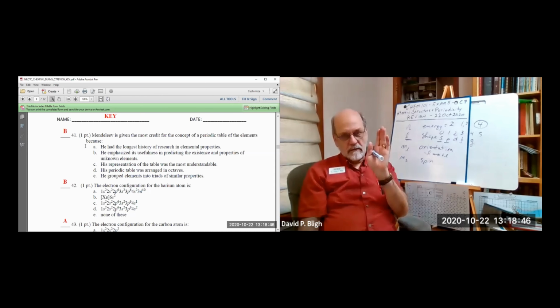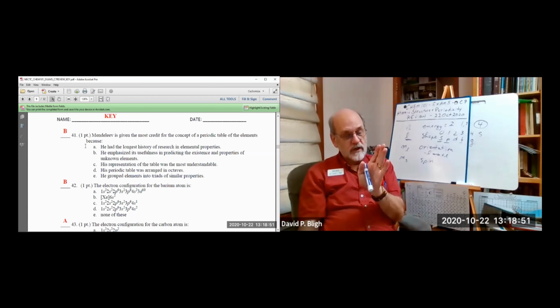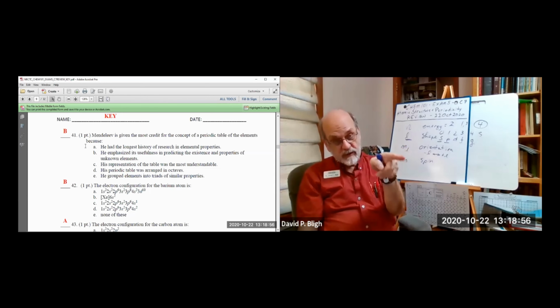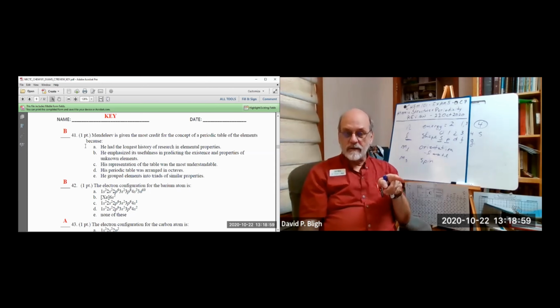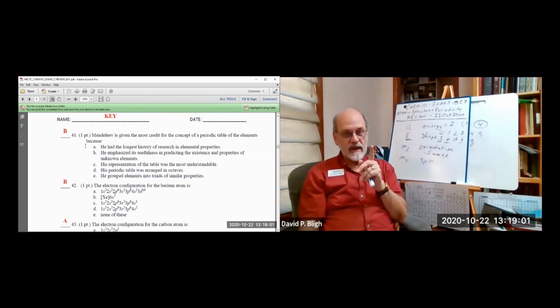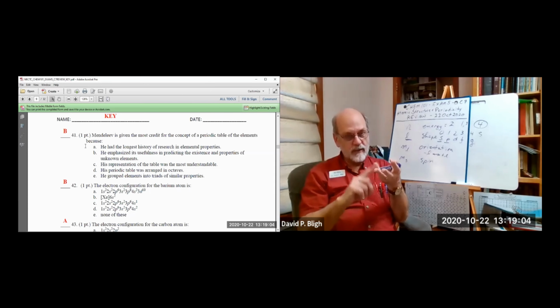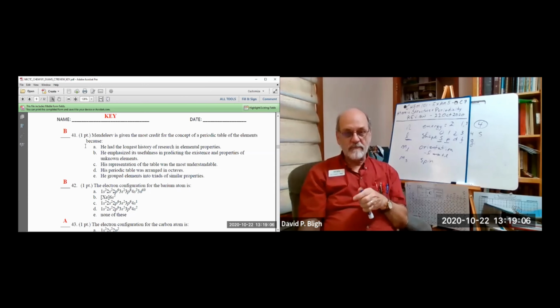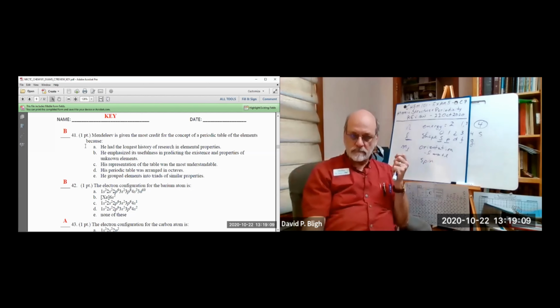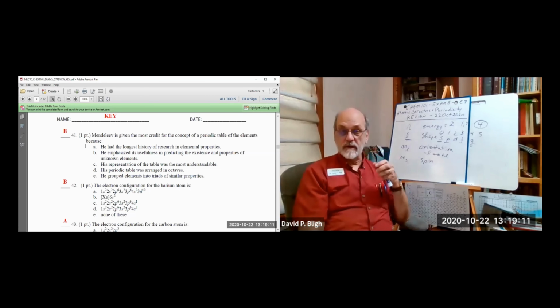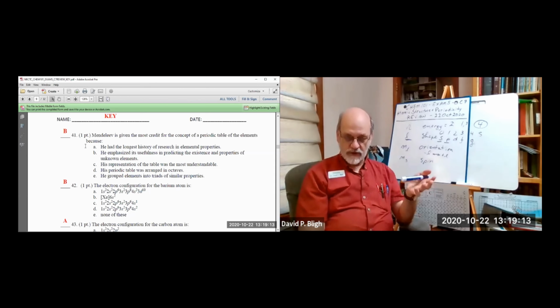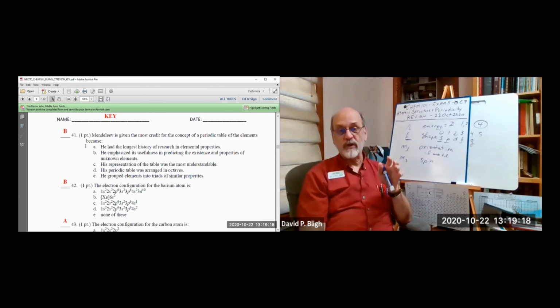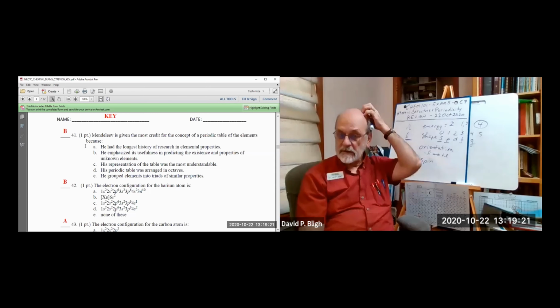He said, there are places in here where the elements are missing, because if we stay with the groups, then there should be something in this spot, but there's not.